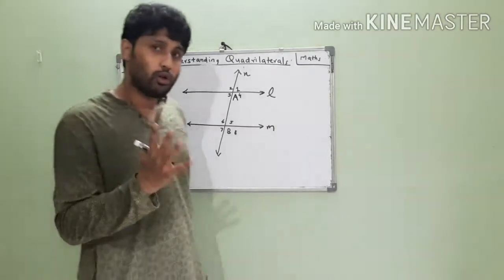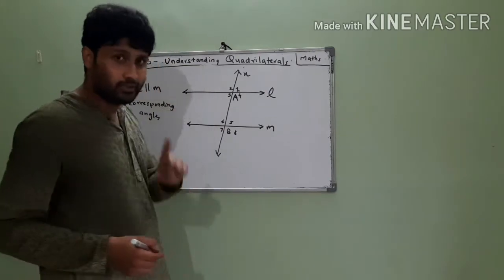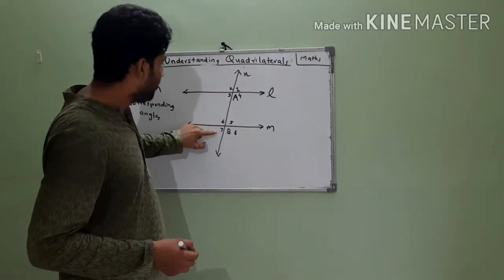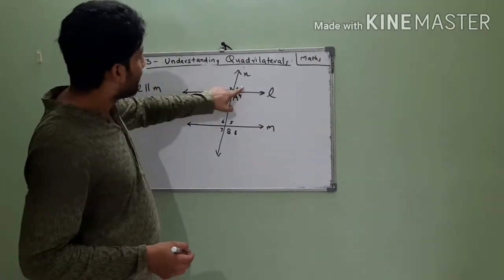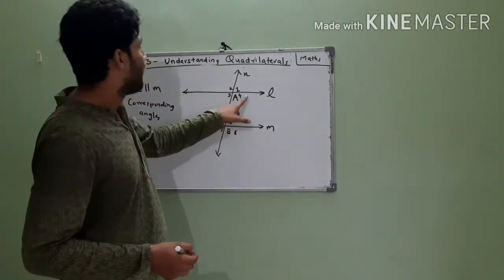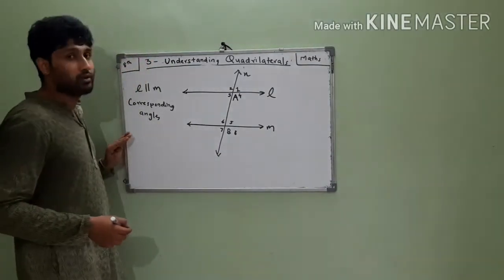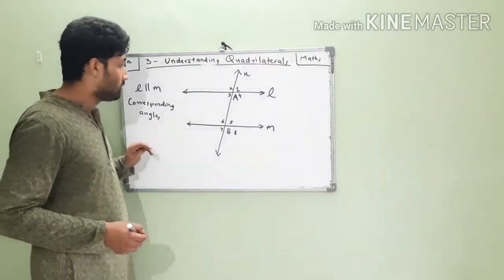Total there are 4 pairs of corresponding angles. Angle 2, angle 6 is first pair. Angle 3, angle 7 is second pair. Angle 1, angle 5 is third pair. Angle 4 and angle 8 is fourth pair. 4 pairs of corresponding angles are formed.